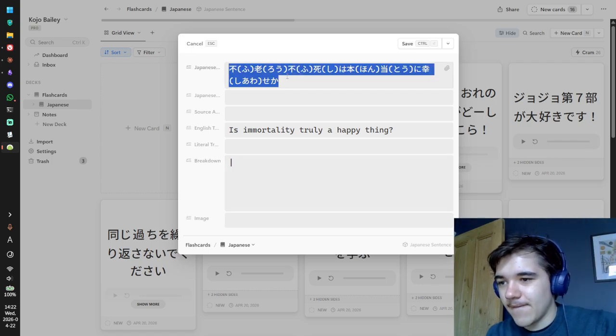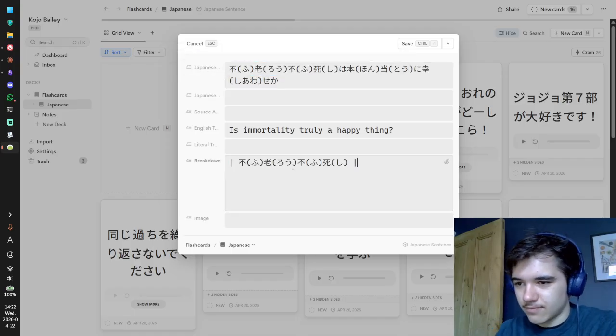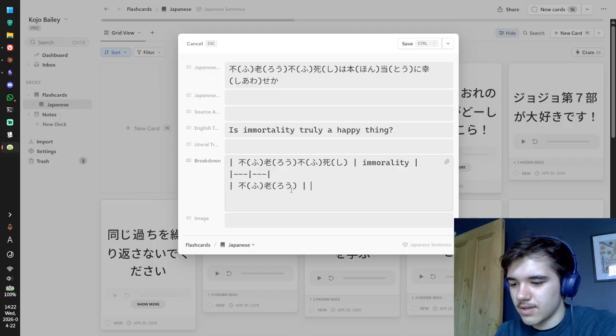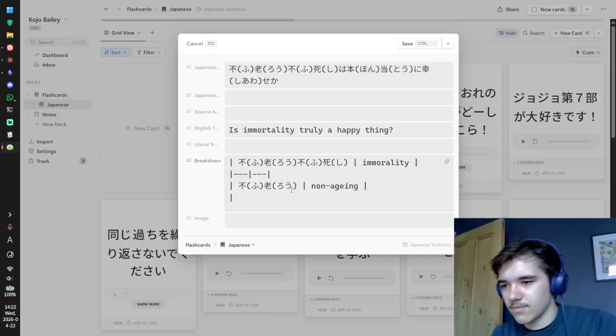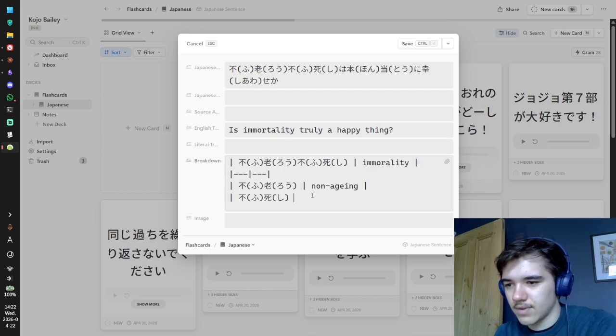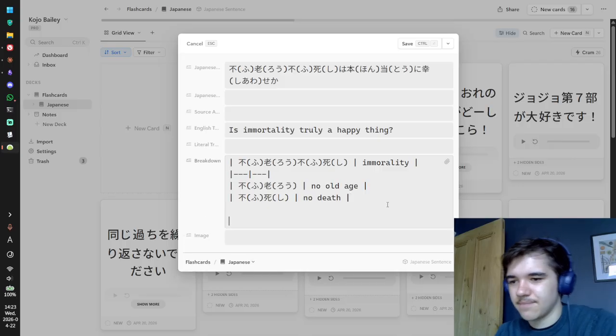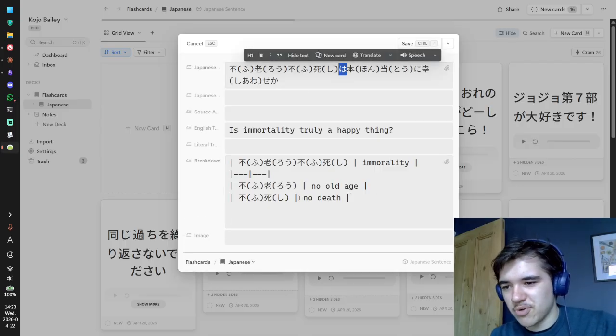Cat doing what cat does, I guess. So this is immortality, consisting of furo, non-aging, and then fushi, non-dying. Like no old age, no death. That's pretty much what it is.